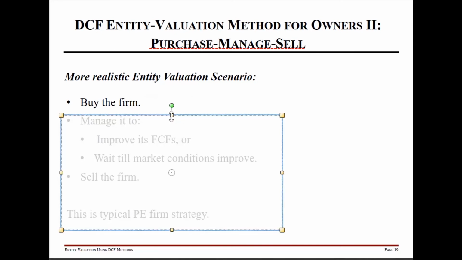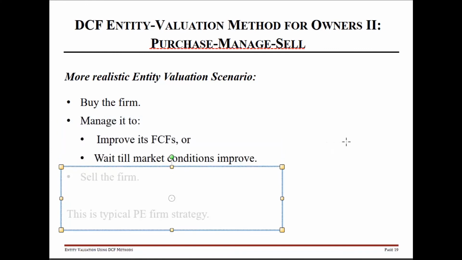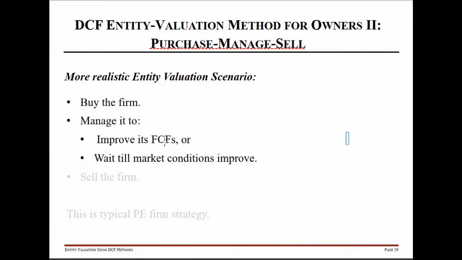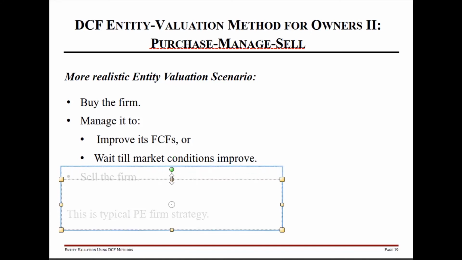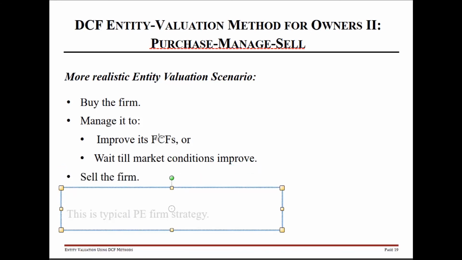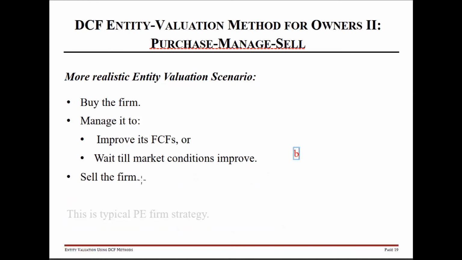We're going to buy this firm and we're going to manage it for a while to maybe improve its free cash flows, or maybe market conditions are just crappy and we're waiting for market conditions to improve. And then after, in the fullness of time, a few years, when we've revved up those cash flows or market conditions have improved, we're going to resell the firm. So this is a very typical private equity firm strategy.